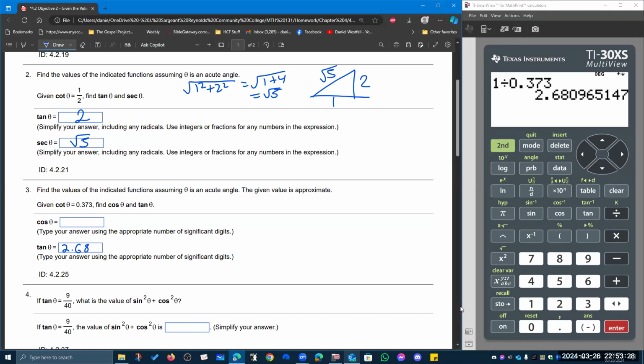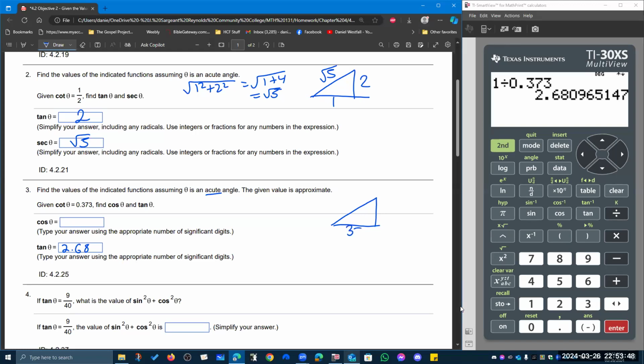And cosine, again, this is an acute angle, so I might have to use my triangle here to say that this is 373 thousandths.